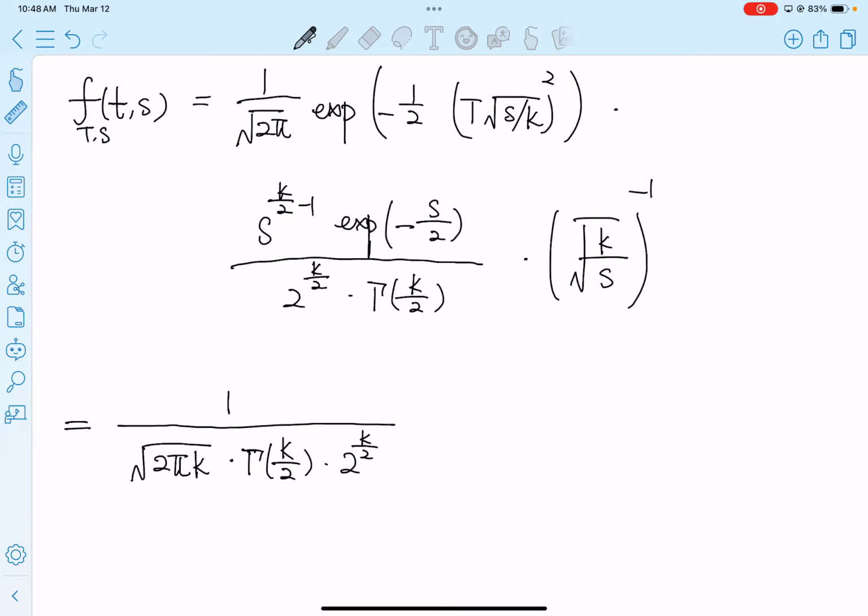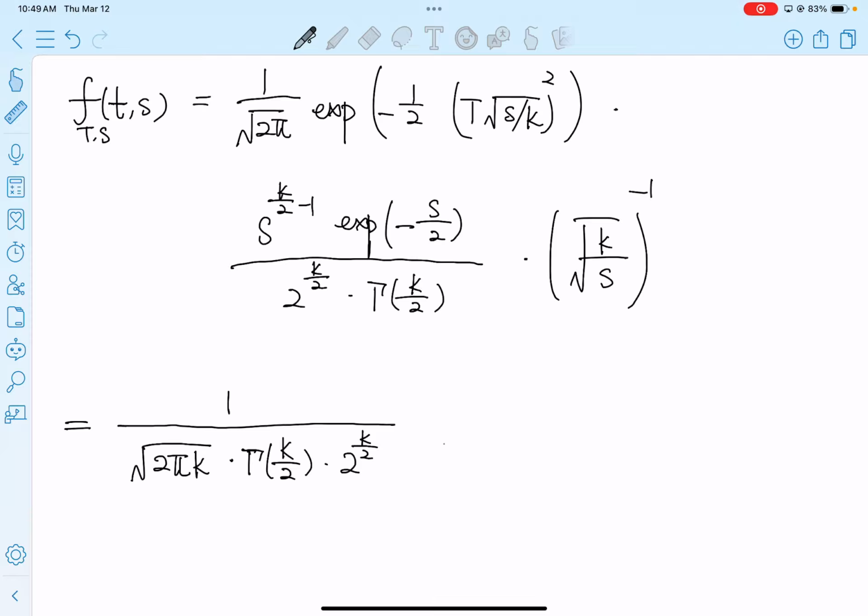Okay, so here let me work on the s. So we have 2 copies of x showing up besides the exponential term. Okay, but there is 1 copy of x showing up here with the power k over 2 minus 1. We have another s showing up, which is in terms of the square root of s.